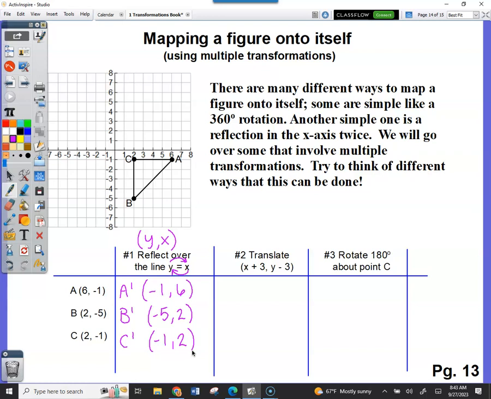Right? Now let's graph them. -1, 6, -5, 2, -1, 2.